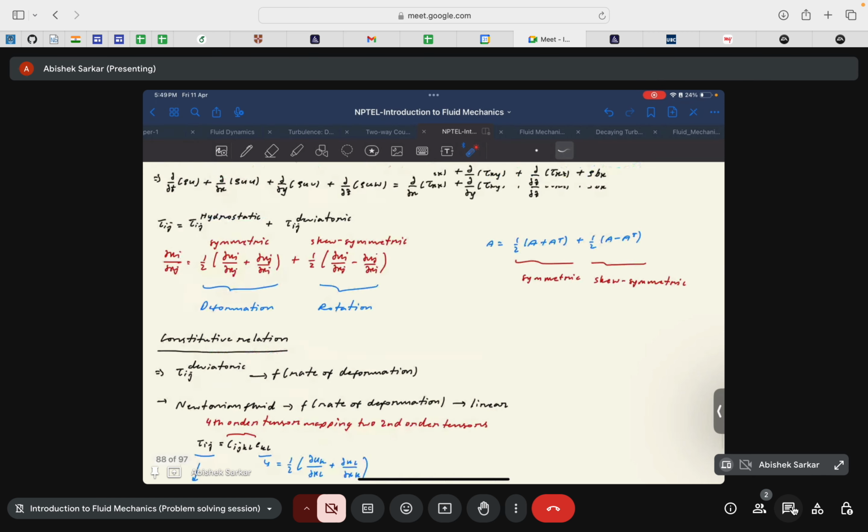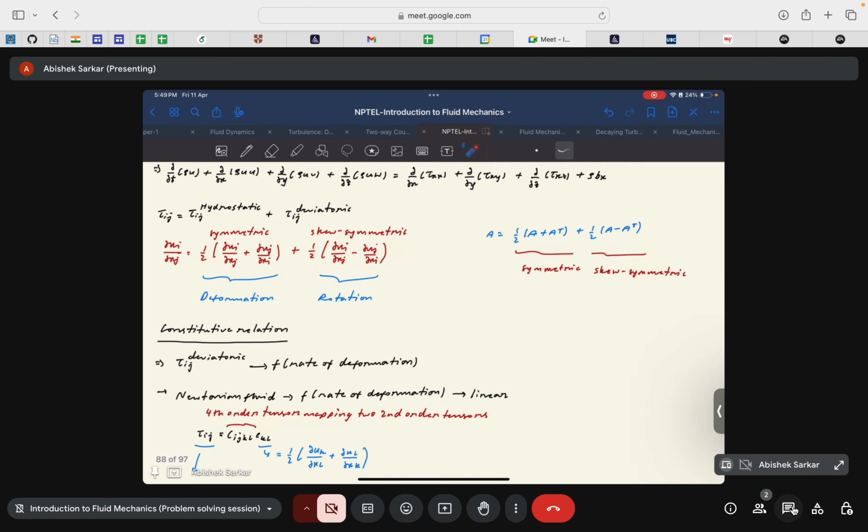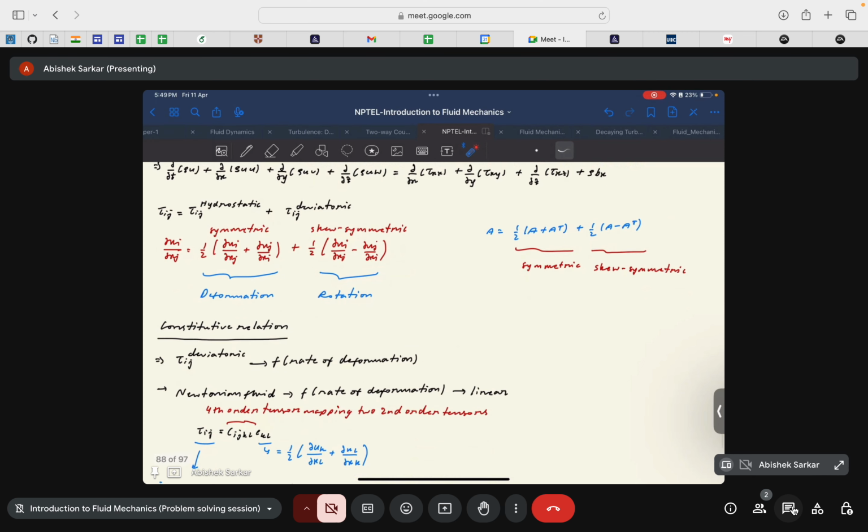so coming back to understand how we can represent this deviatoric shear stress tensor, that can be found out from the constitutive relation. Okay, because the hydrostatic part is already known, it is basically represented as tau ij equal to minus p delta ij. Delta is the canonical delta function.